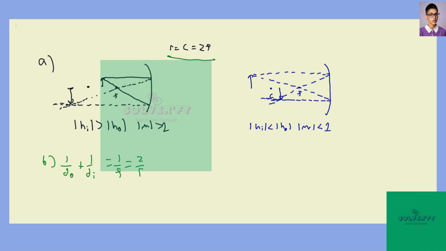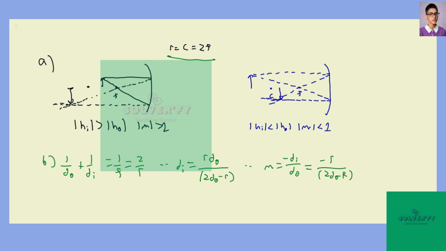And our image distance is going to be related to R d_o, our object distance, divided by 2 d_o minus R. And we'll also take a look at the magnification already, which is just minus R over 2 d_o minus R.